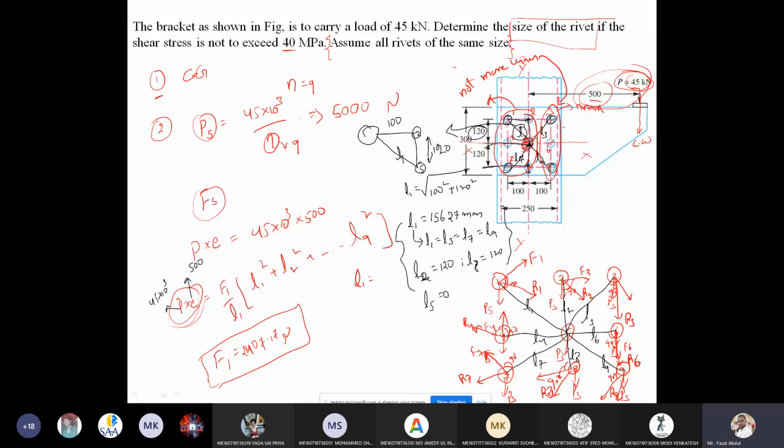It means if we calculate for the first column, R3, R6, R9, these three, we can easily get our required answer. No need to calculate all the others. So I'm calculating R3, R6, R9.